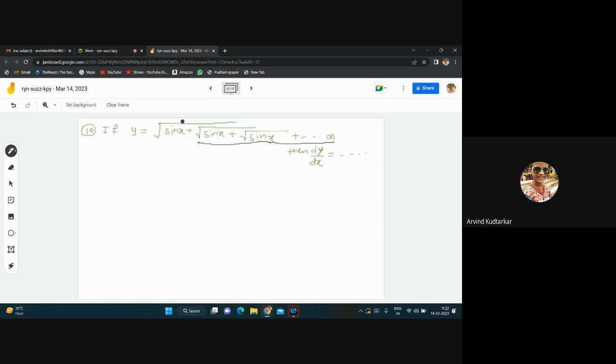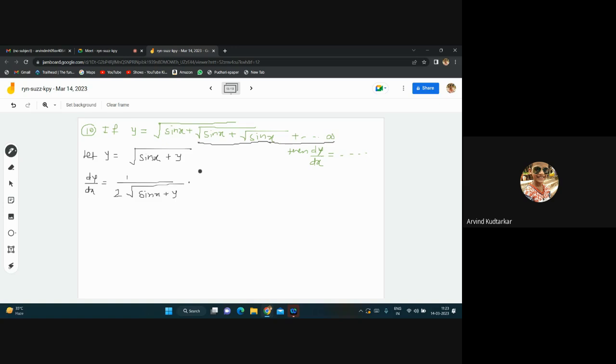So dy by dx equals the derivative of the root, which is 1 by twice the root of sin x plus y, into the derivative of the term inside the root.